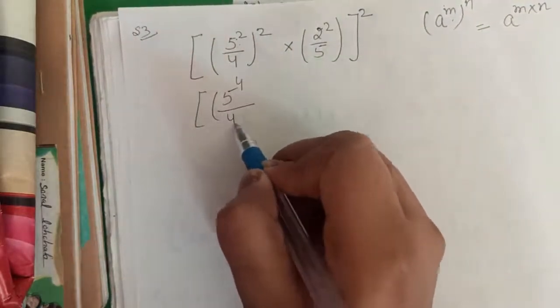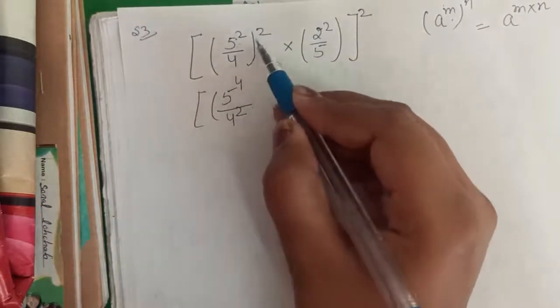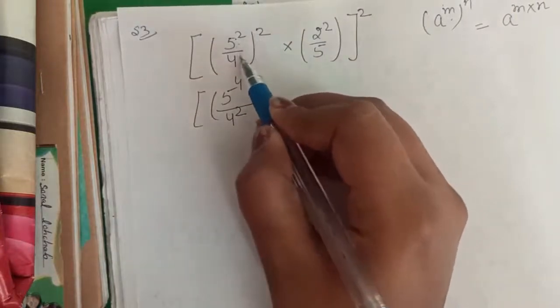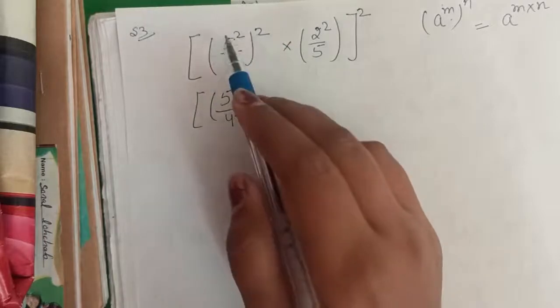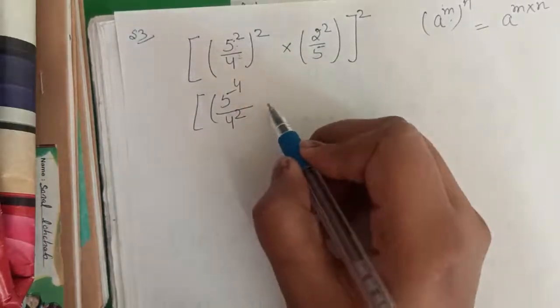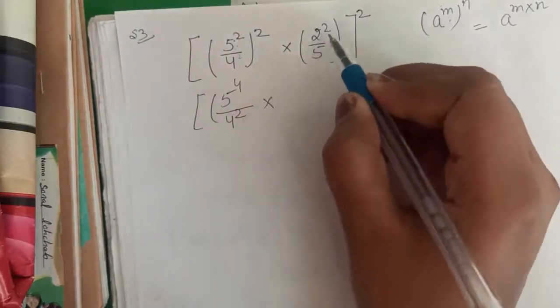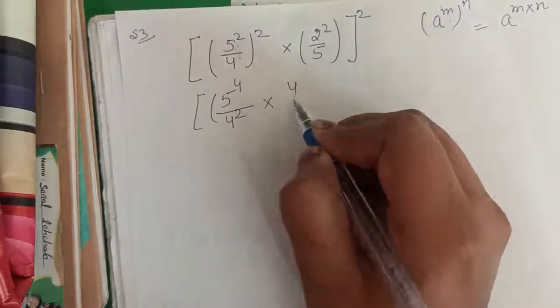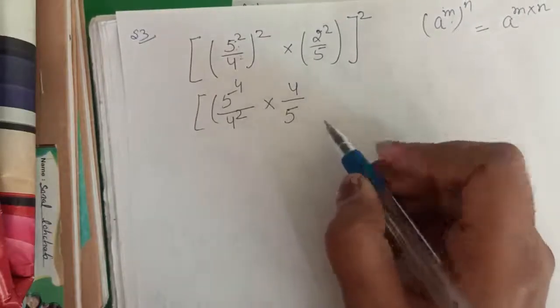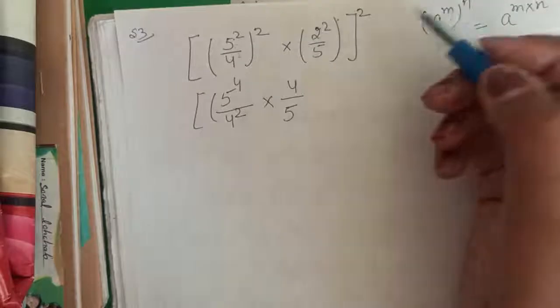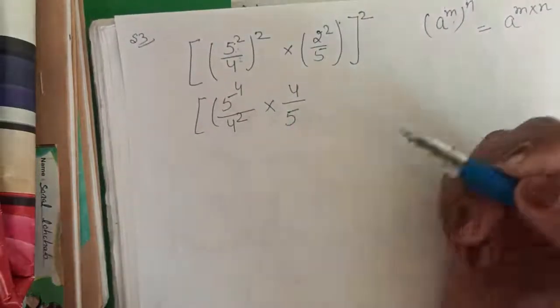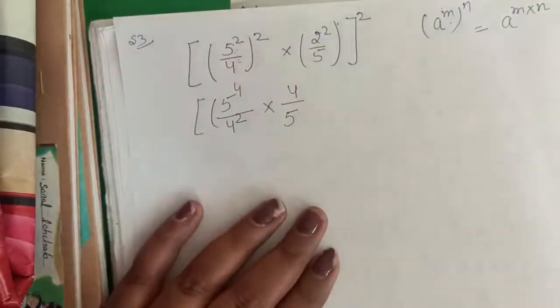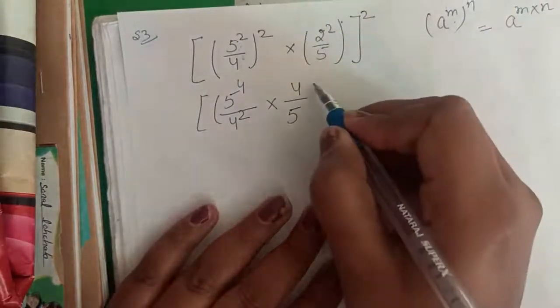Again 4 to the power 2, because here that 2 will be on the complete one and this 2 will be only on 5. Multiply to the power 2, 4 by 5. Maybe here 2, 3, or something is there, so the answer may change because in my book it is not properly visible what is given here.